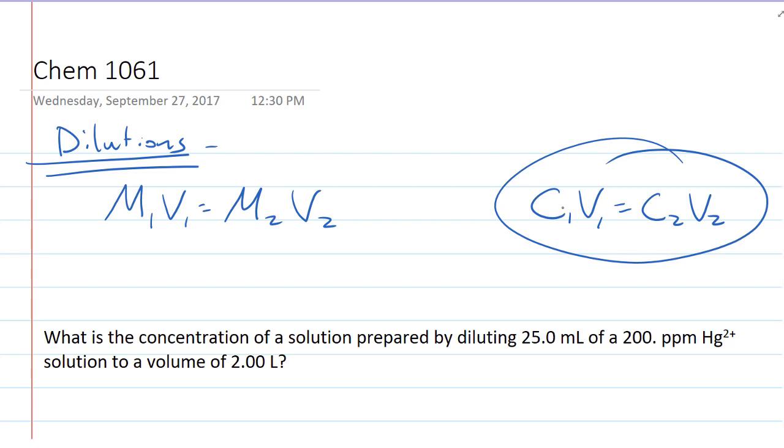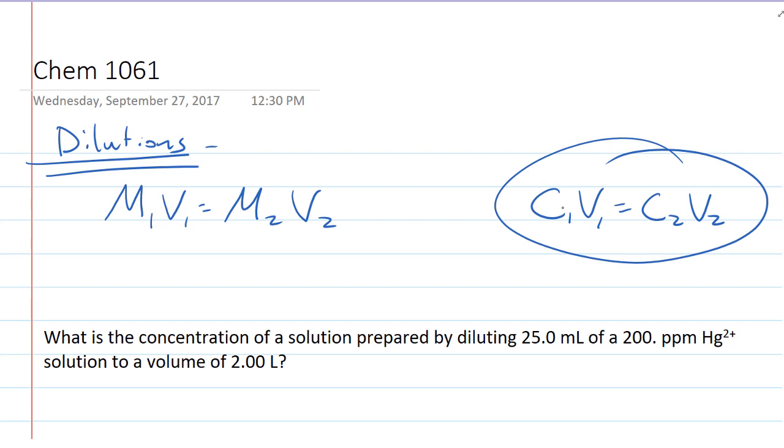But in all cases, M stands for molarity. V would stand for volume. The volume here can be in any units as long as the units on the two sides are the same. If we use C instead of M, C stands for concentration.